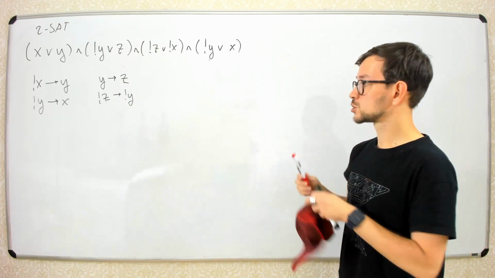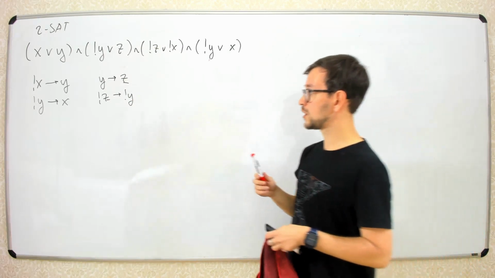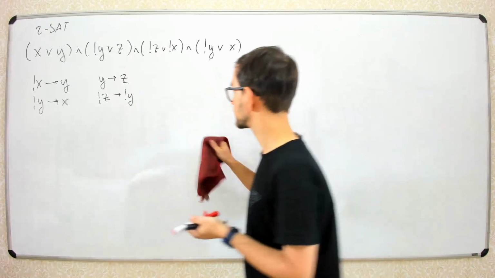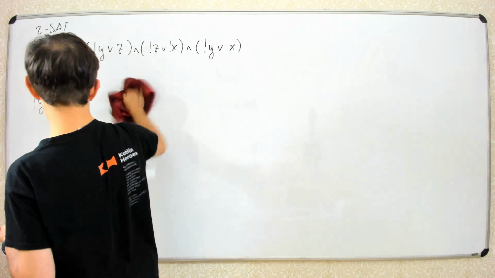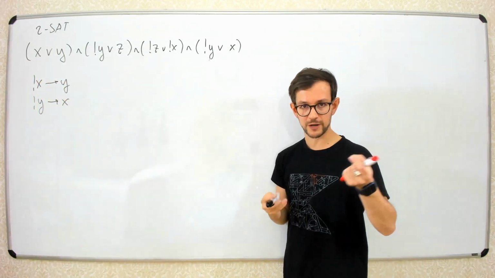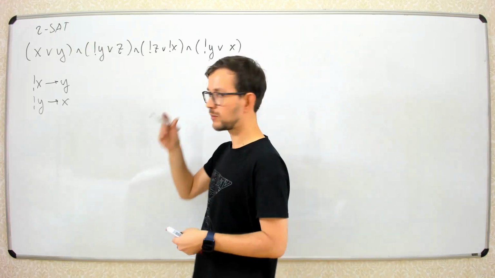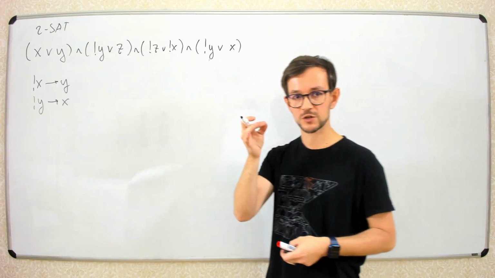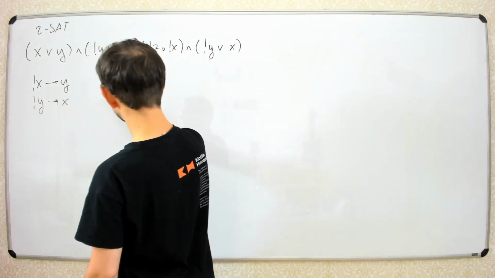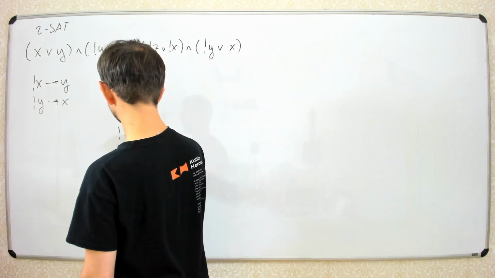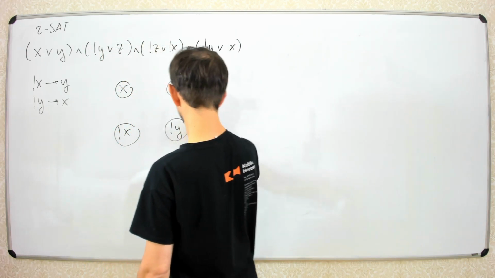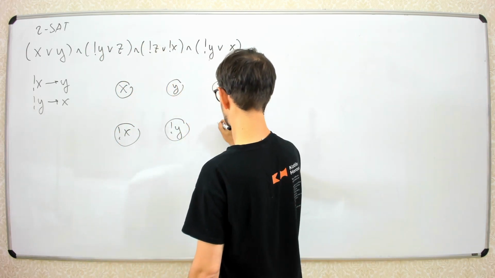Nice. So what will we do? We will build a graph. It's a lecture about graphs, right? So we will build a graph. In this graph, we will have two nodes for each variable. One node will correspond to the value true, and another to the value false. So here will be x, here will be not x, y and not y, z and not z.